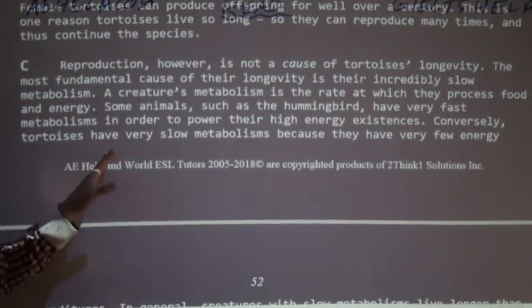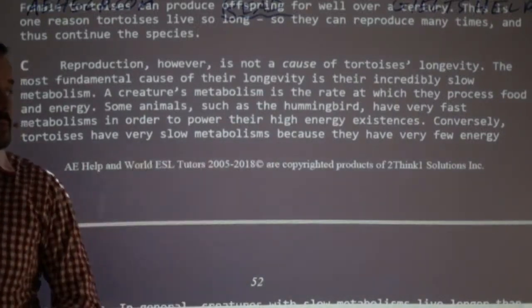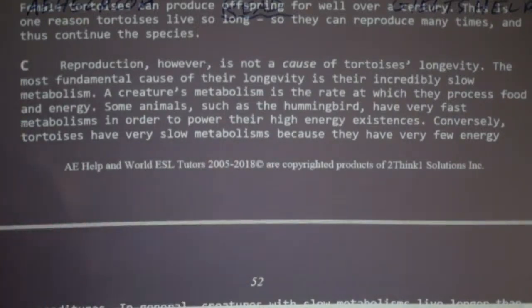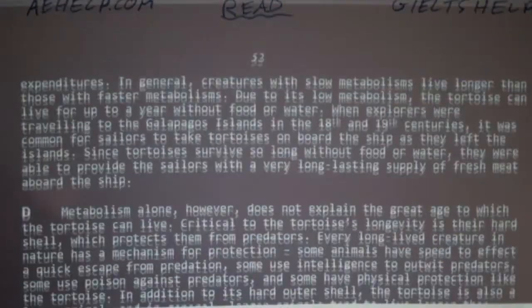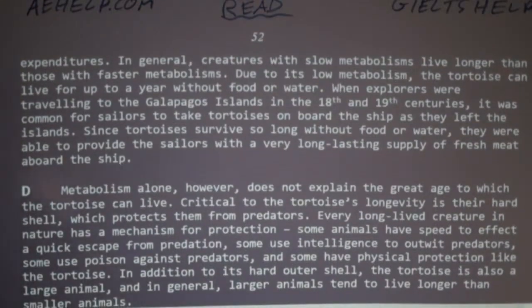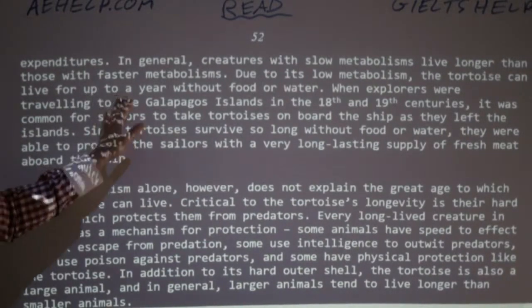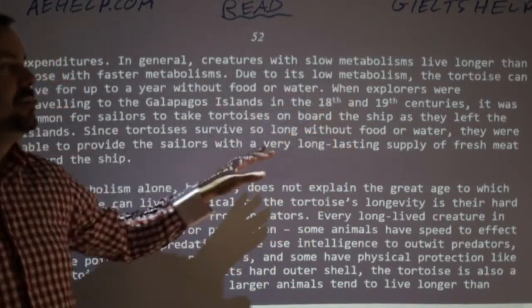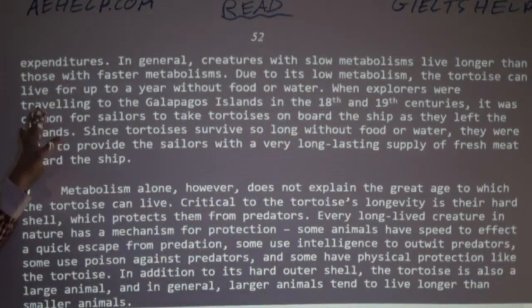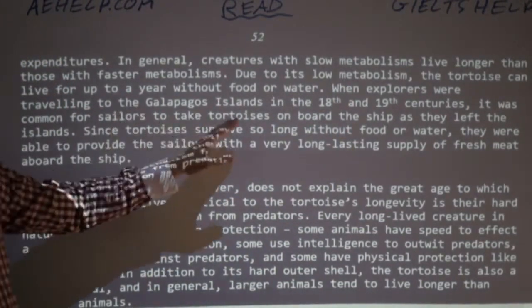Conversely, tortoises have very slow metabolisms because they have very few energy expenditures. In general, creatures with slow metabolisms live longer than those with faster metabolisms. Due to its low metabolism, the tortoise can live for up to a year without food or water.